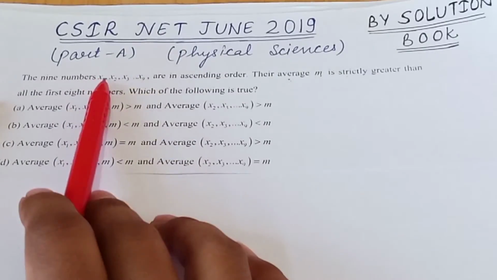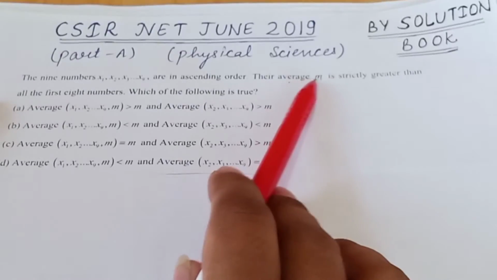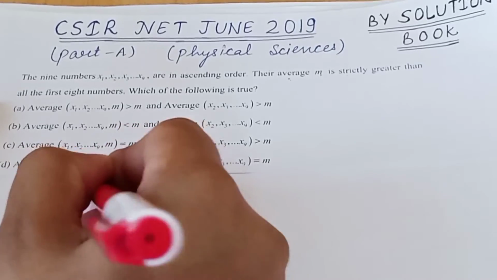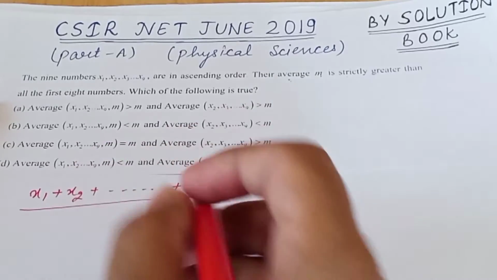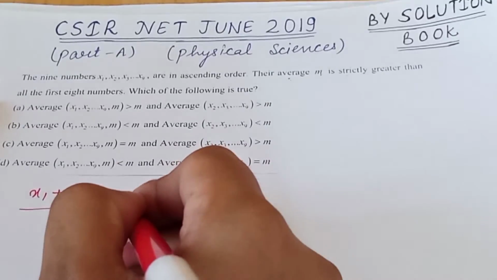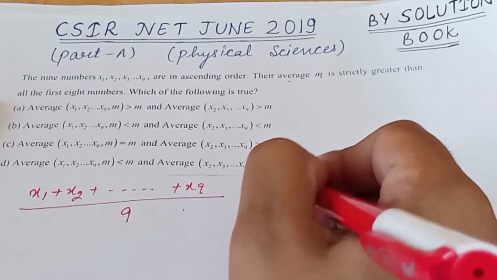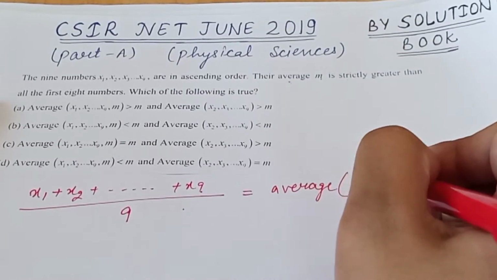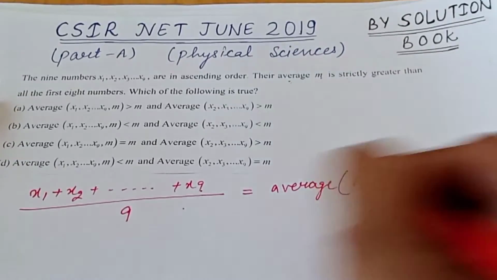We are given x1 to x9 numbers and their average is m. x1 plus x2 plus x3 up to x9, the sum of all numbers, divided by the total number, which is 9, is equal to the average or mean, which is equal to m.